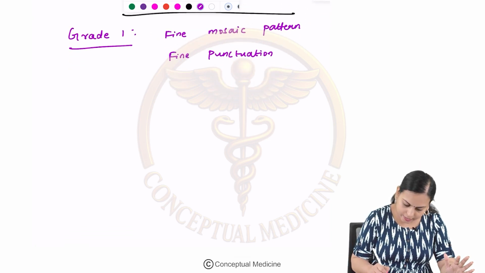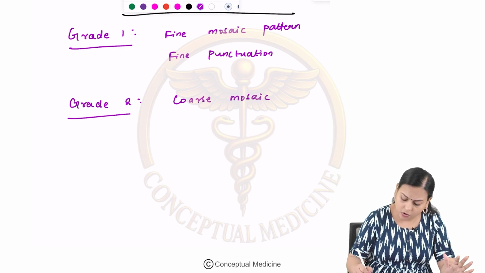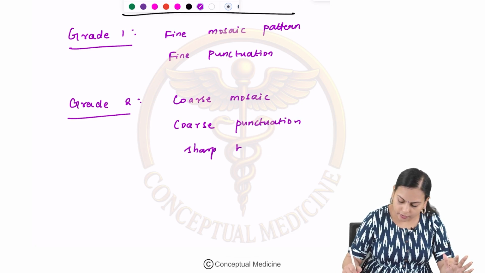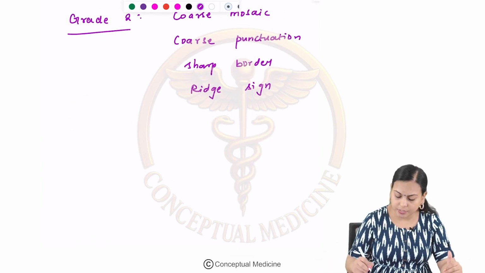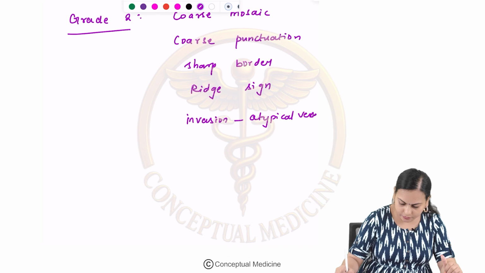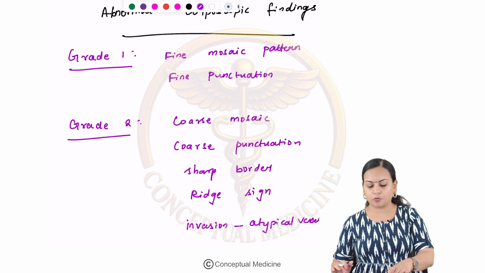And grade 2, where there can be a coarse mosaic pattern or coarse punctuation with sharp border, having a ridge sign, and if there is any suspiciousness for invasion, that is where atypical vessels will be seen. So this is how the abnormal colposcopic findings will be seen.